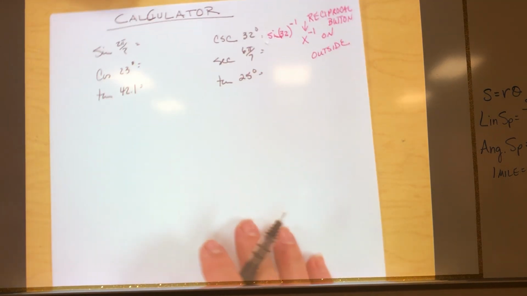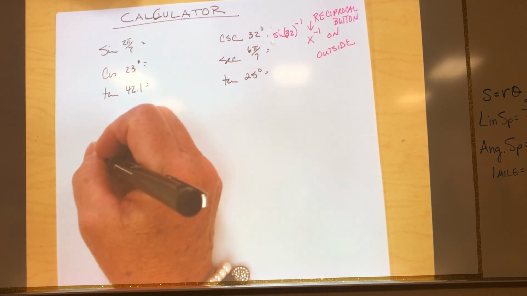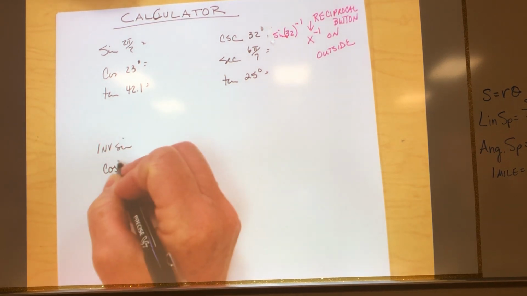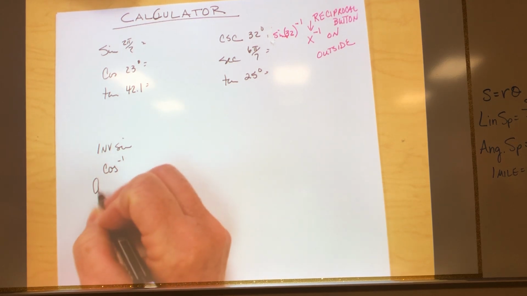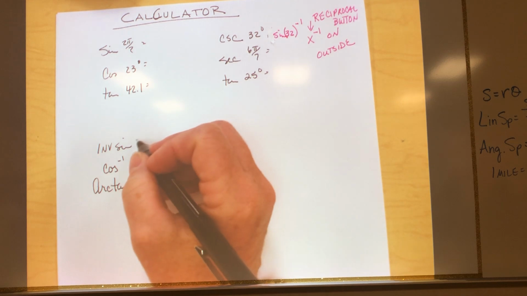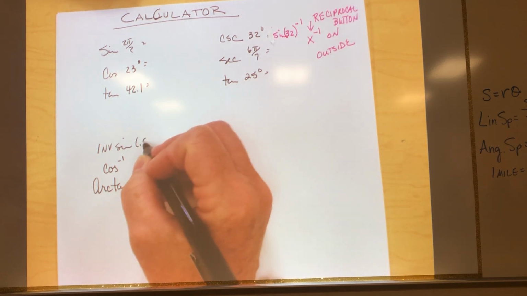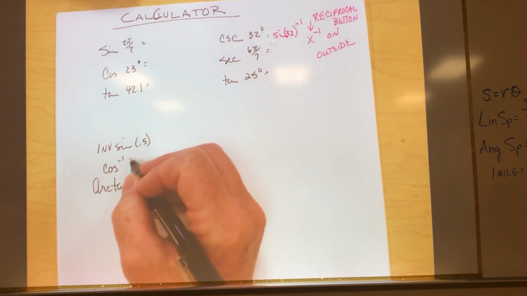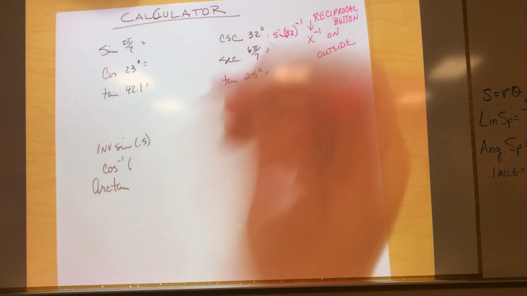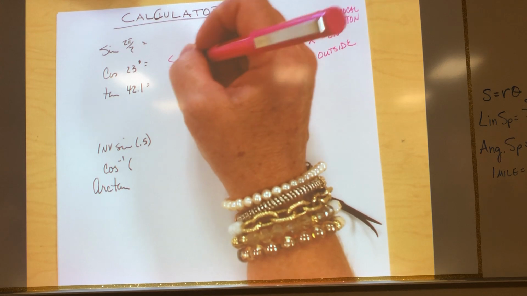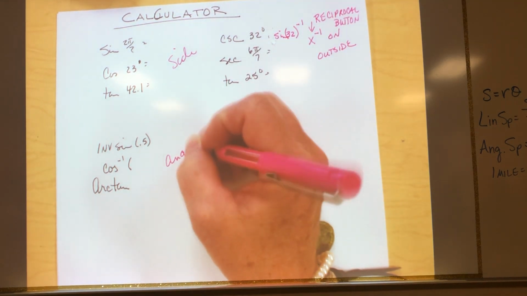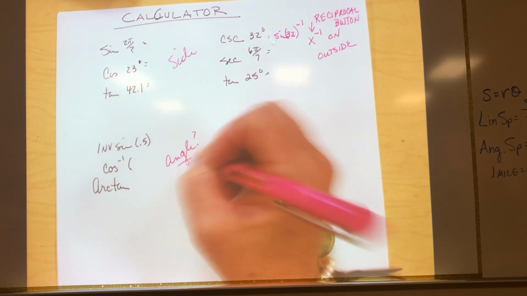Now, what if I use one of these? An inverse sine, or cosine to the minus 1, or arc tangent. Are all of those the same thing? Yes. So all of these, what are you looking for? An angle, okay? All of these, I'm looking for an angle. I wanna know, what is the angle?